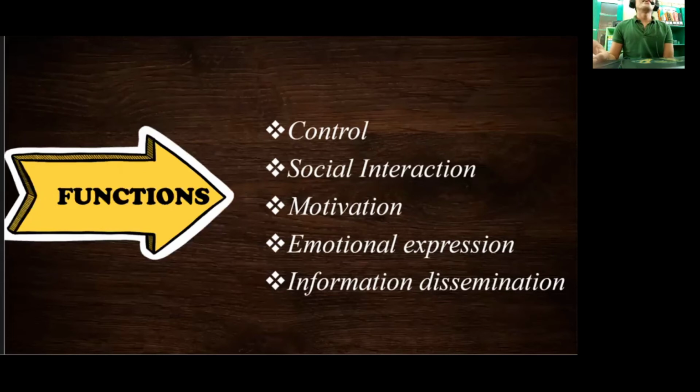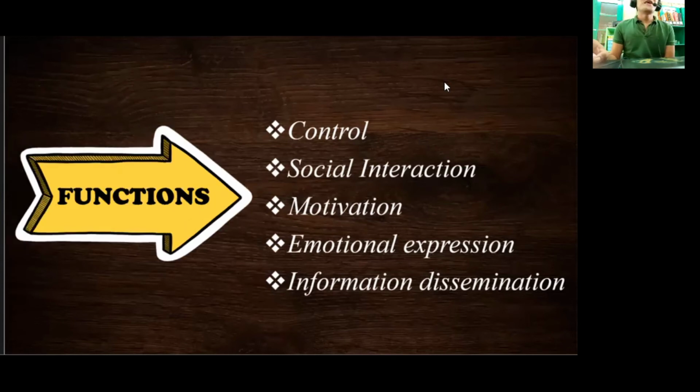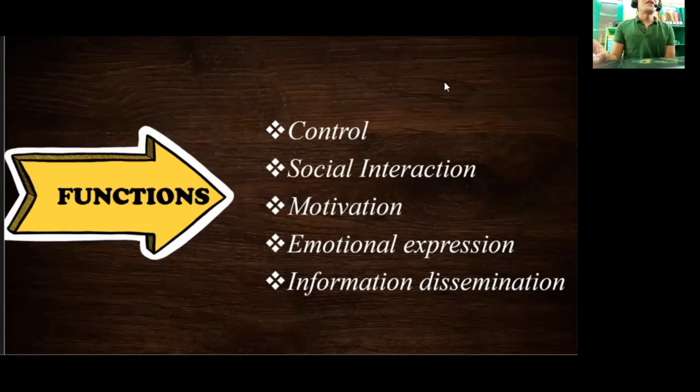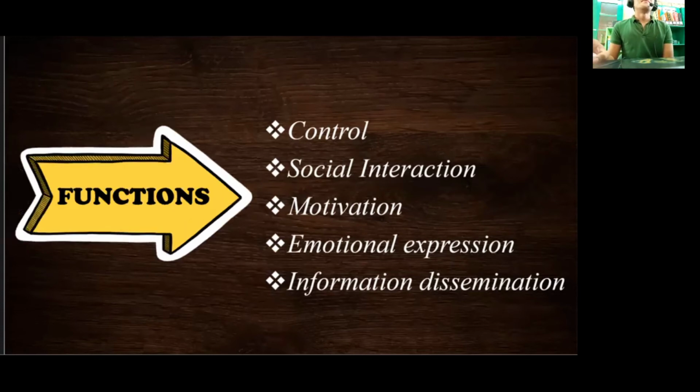Let's take a look at the first one. We have regulation or control. The first function performs the very specific and definite purpose to regulate or control the behavior of the receiver.